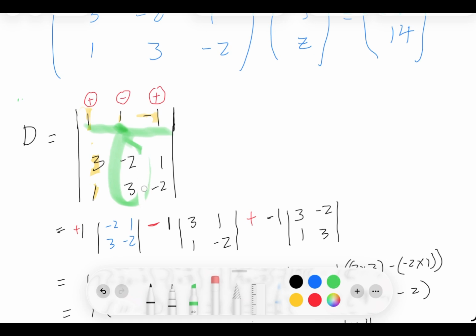Next, we move over to the third number at the top, which is your negative 1. Let's identify where that is. Negative 1 is right here.